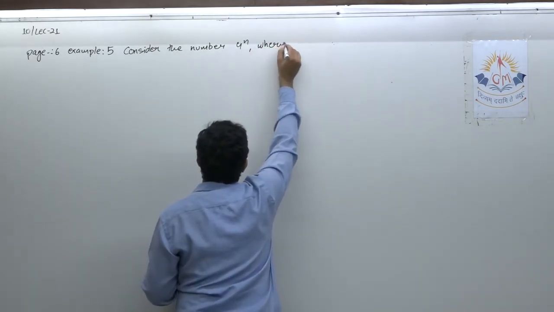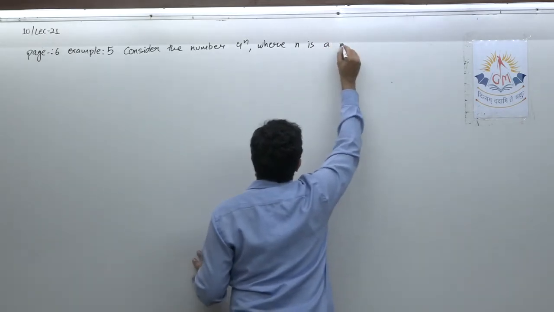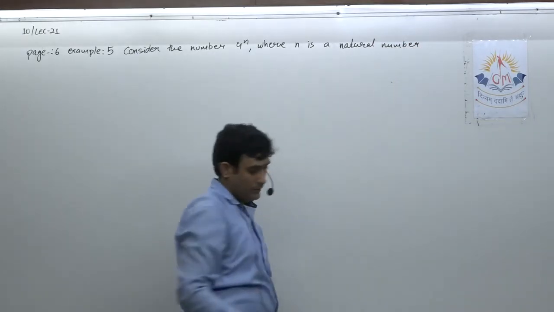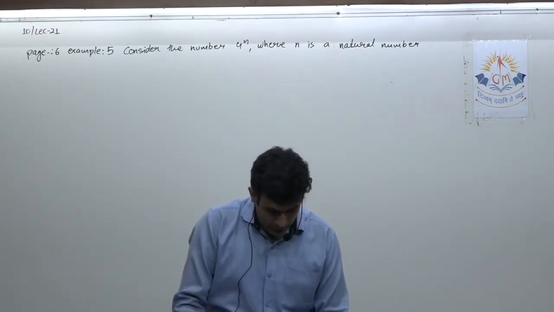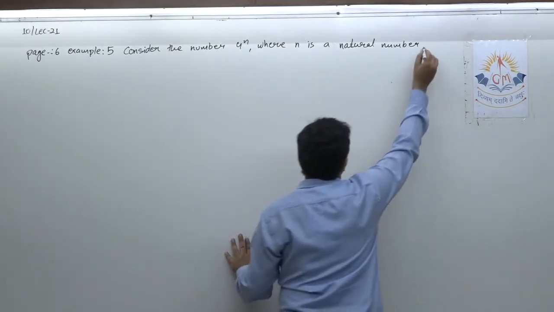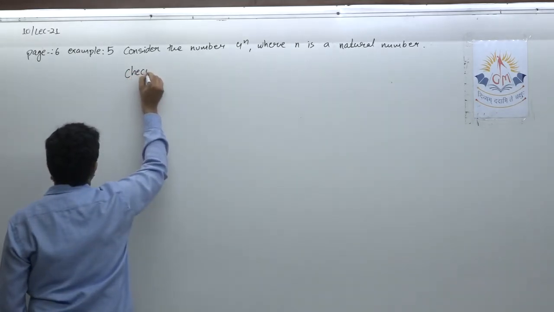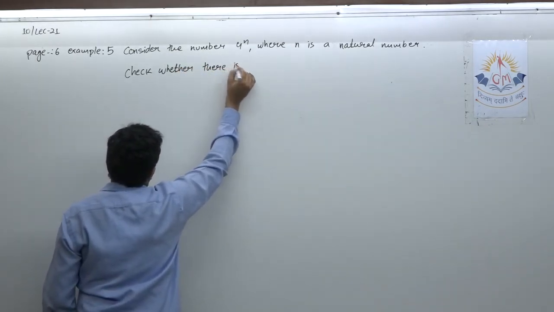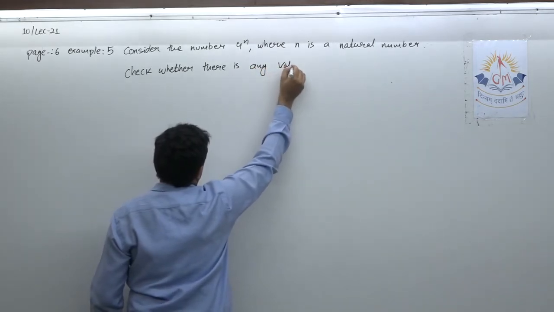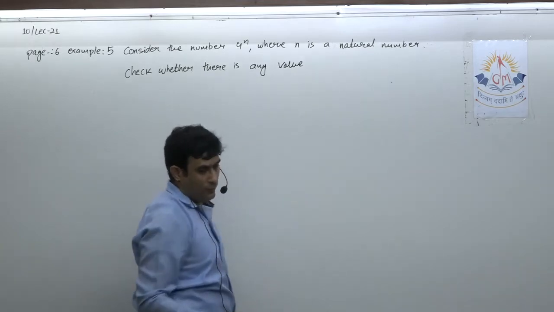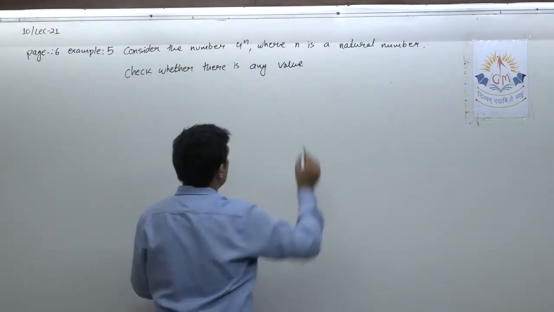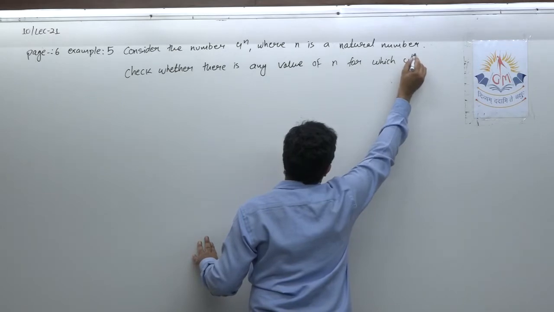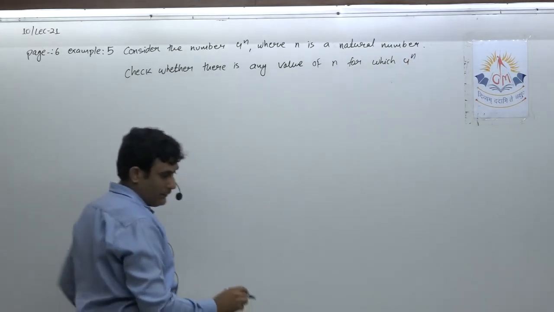Check whether there is any value of n for which 4 raised to n ends with the digit 0.